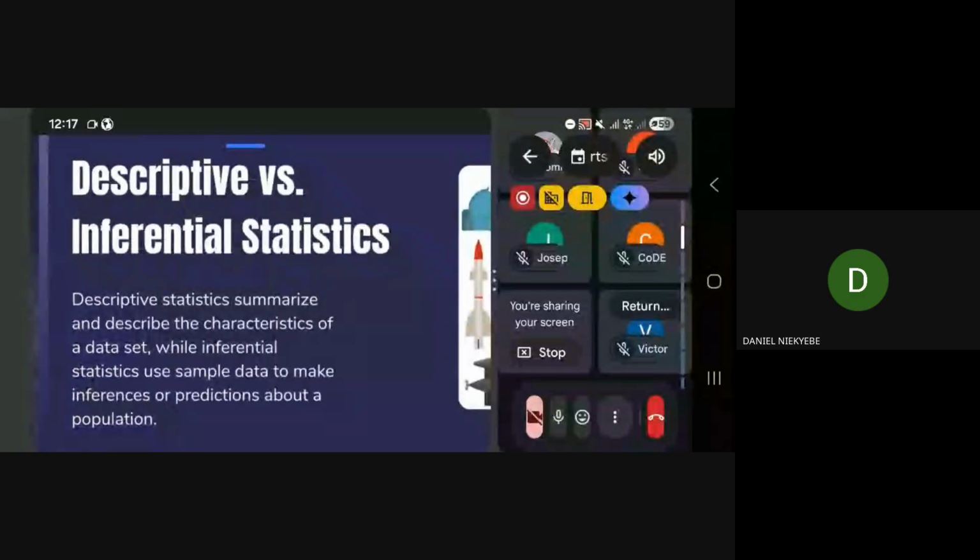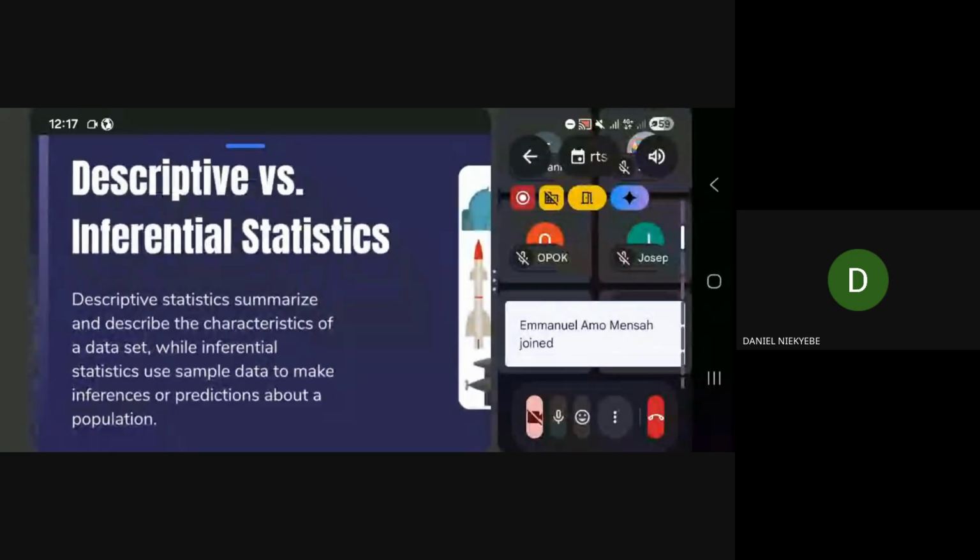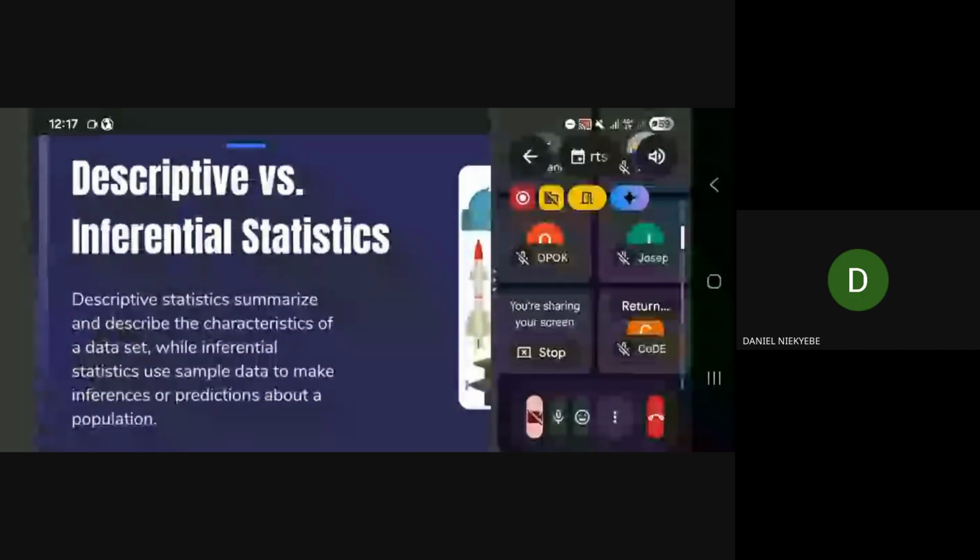An example of inferential statistics is, during the elections, we had something like info analytics. They use a sample of the nation, like some areas, to make predictions of the elections. That's what I'll talk about, madam.